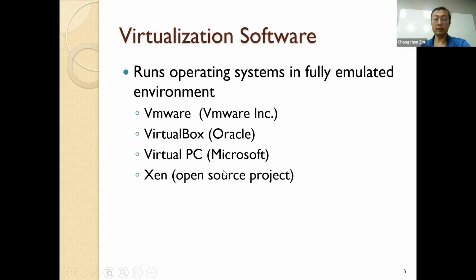Open source means it is totally free, and also you can see the original code. So researchers who do research on virtualization, if they want to modify some virtualization function, always use Xen as the prototype to validate their new design, because you can modify the source code. So Xen is used a lot in the research community.